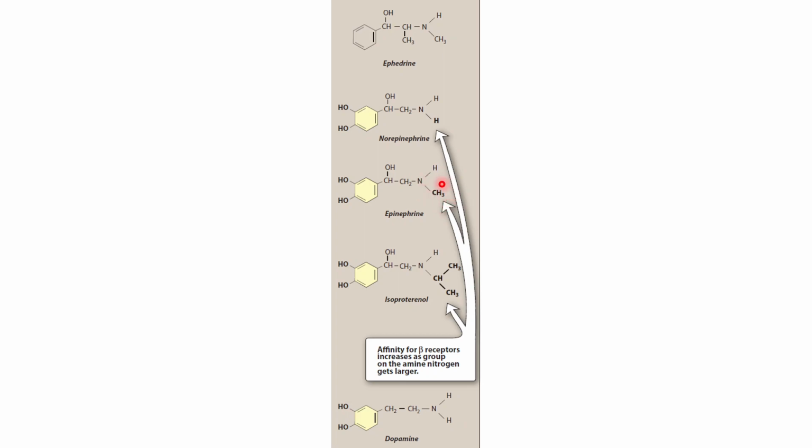So this is isoproterenol, with a methyl group that increases selectivity to the beta receptors. Norepinephrine is more alpha and epinephrine is more beta.